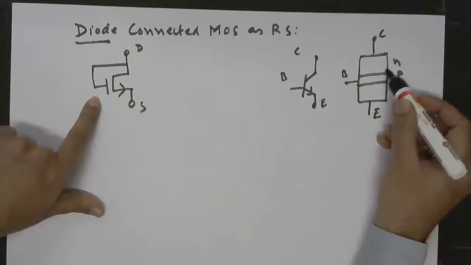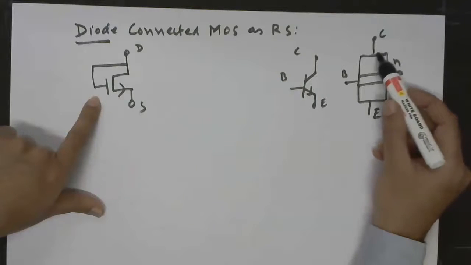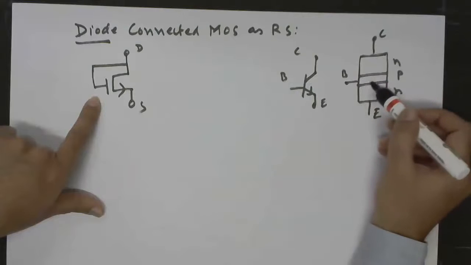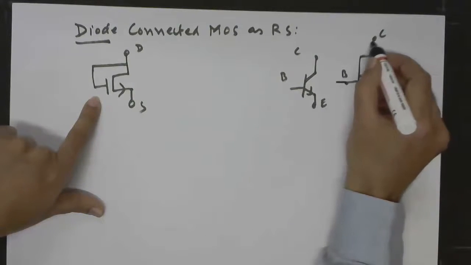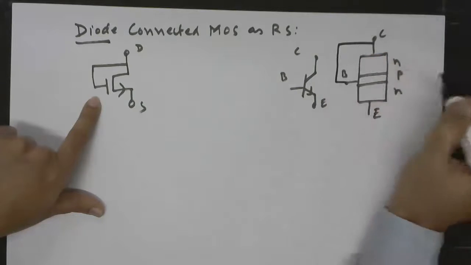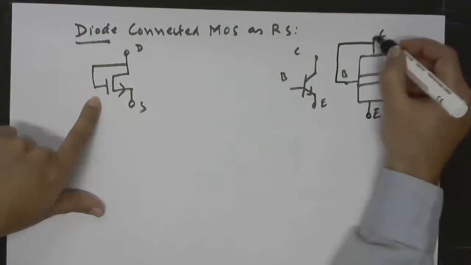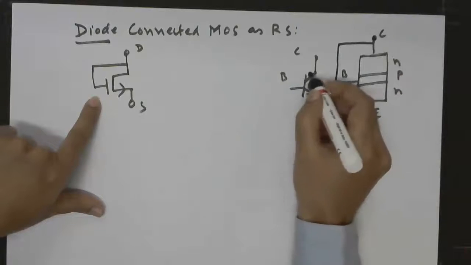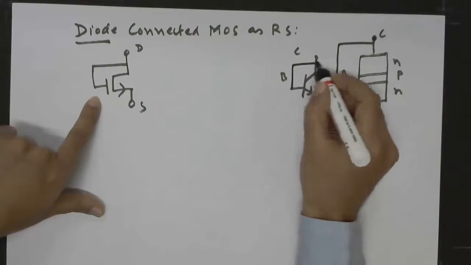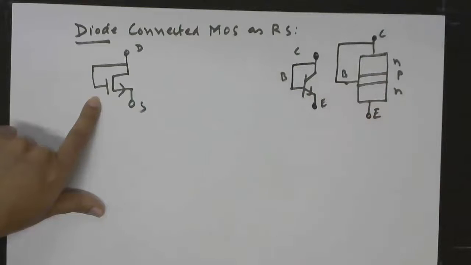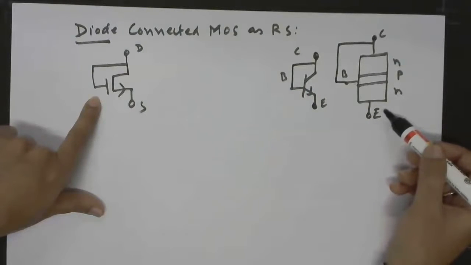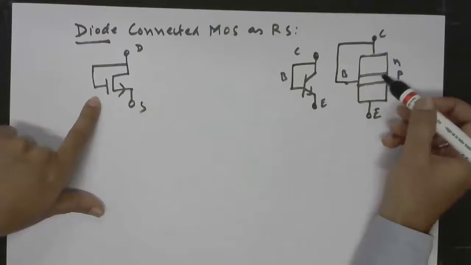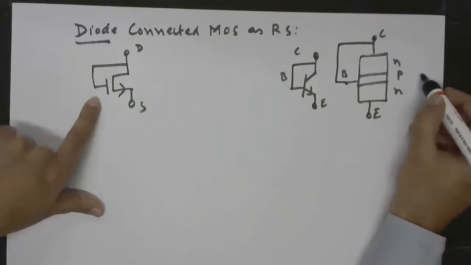And we know that there are two PN junctions in a BJT, collector to base and then from base to emitter. Now here if we short circuit collector and base and have only the collector and emitter nodes available to us, then you can see that the effective junction getting implemented is this base to emitter PN junction.